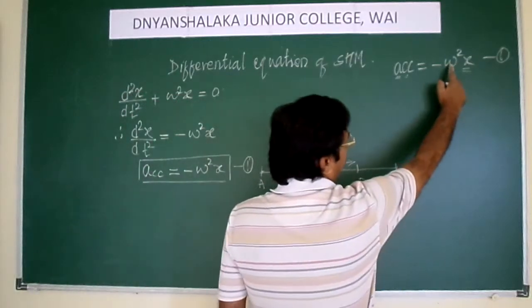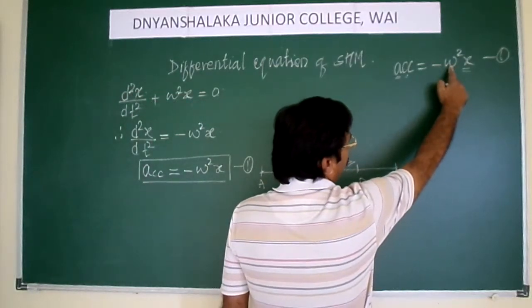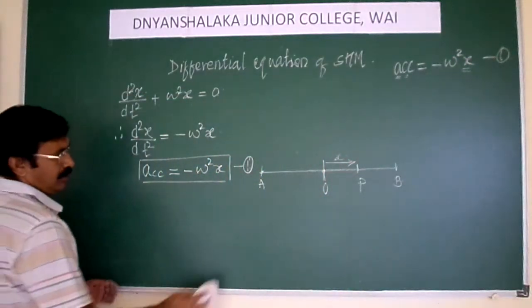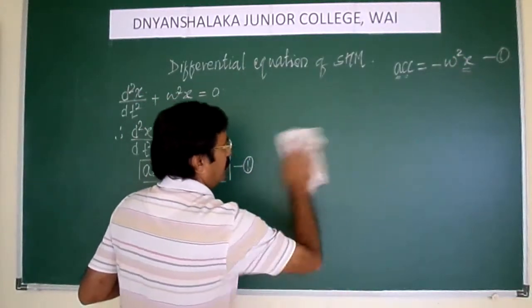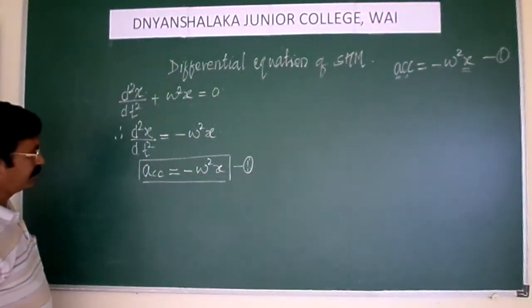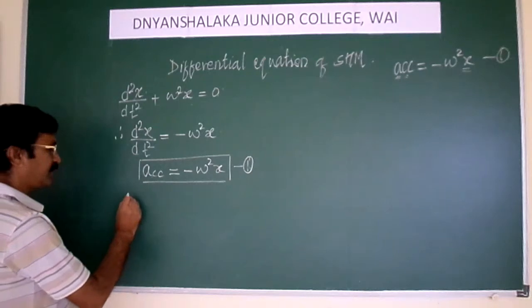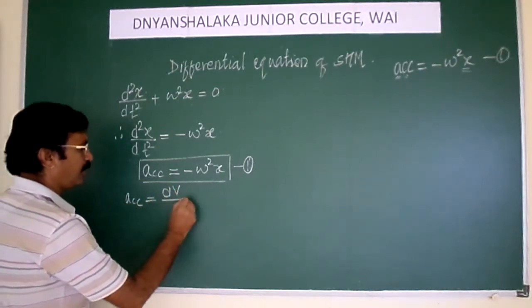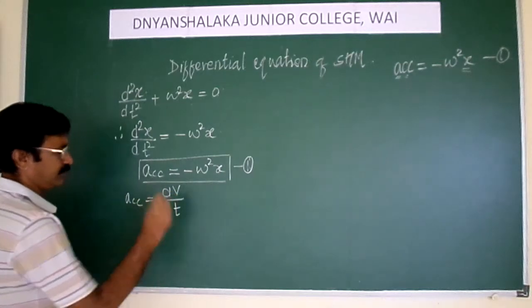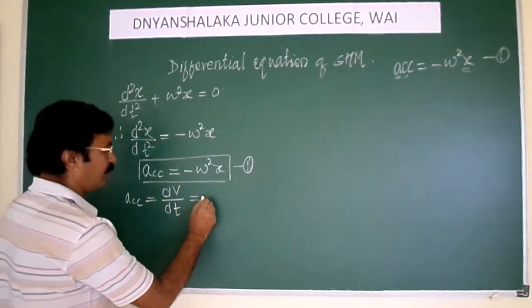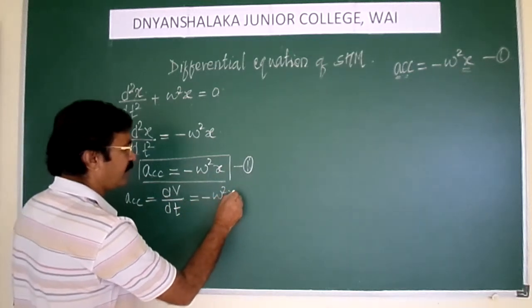We also know that omega square is k upon m. Now, what is acceleration? Acceleration is the rate of change of velocity with respect to time. So, dv upon dt is equal to minus omega square x.